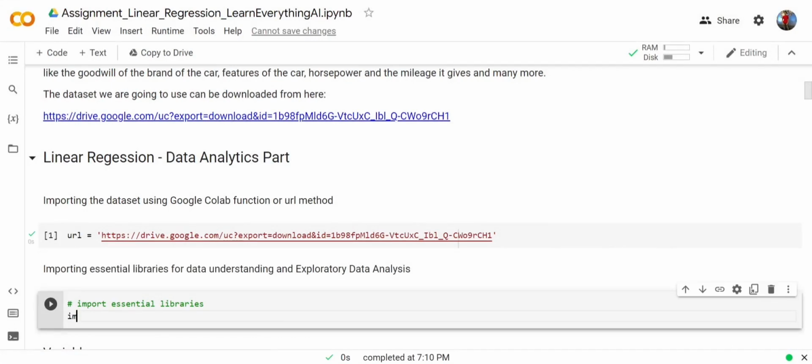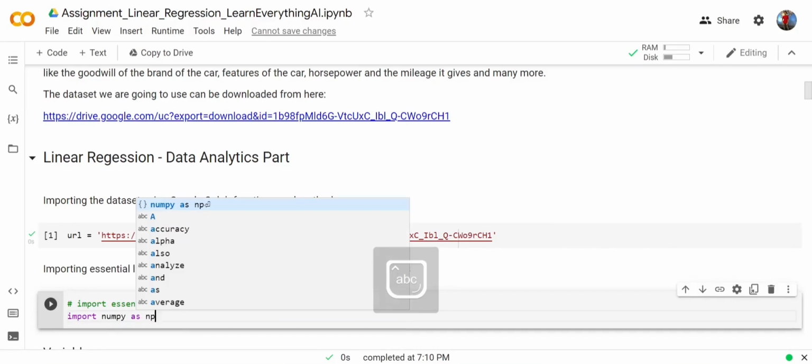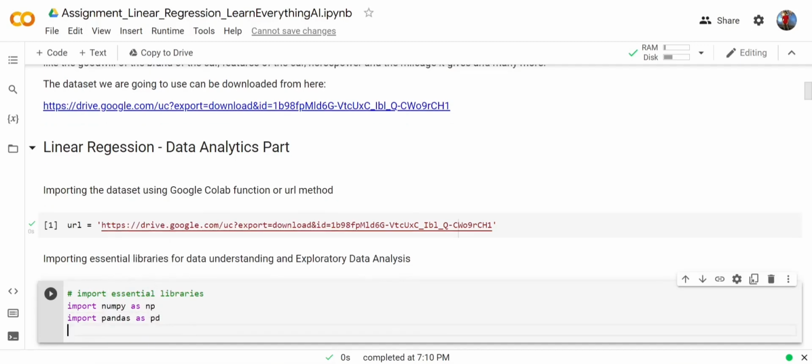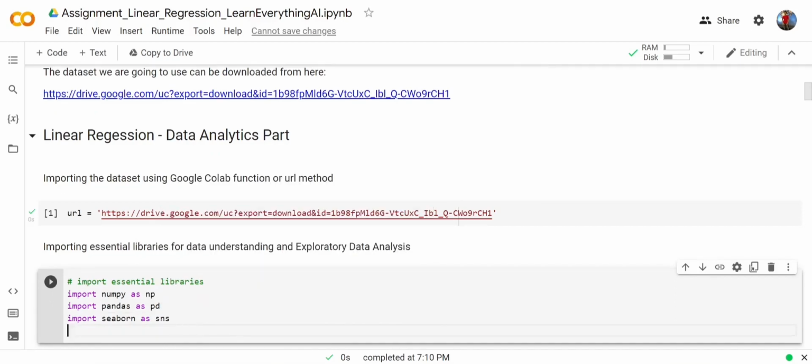And now we are going to import our old friends, NumPy, Pandas, Seaborn, and Matplotlib.